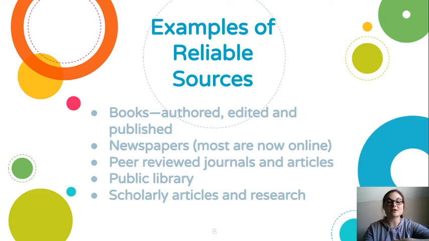Newspapers, like it says on here, a lot of them are online, which is fine because that's kind of the platform that we move with now. You can find a lot of information, especially if you're researching something in Akron or in Cleveland. You can find a lot of information in a newspaper. Peer-reviewed journals and articles. So those are like scholarly articles or journals and articles you would read about someone's research.